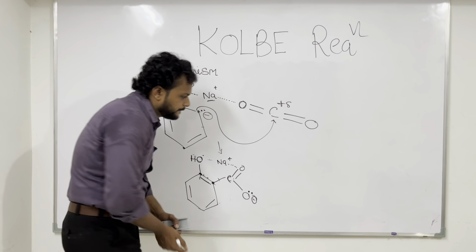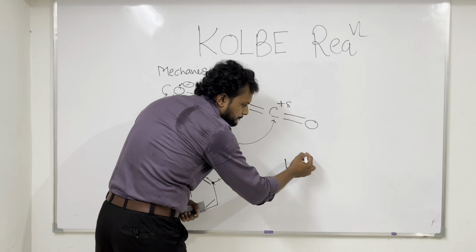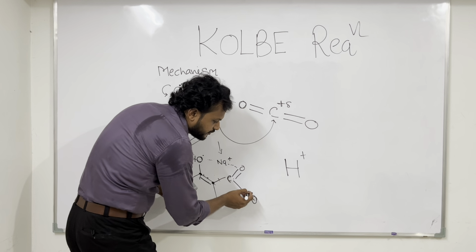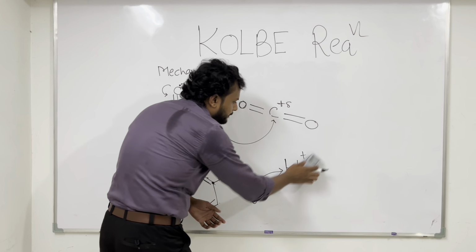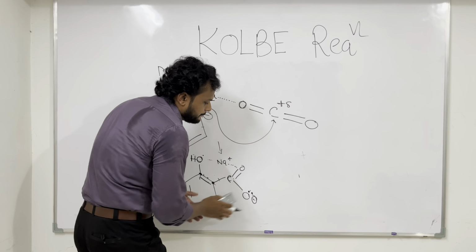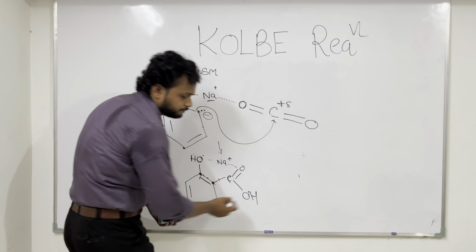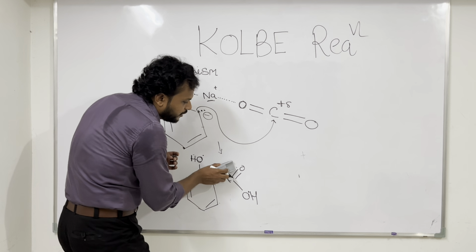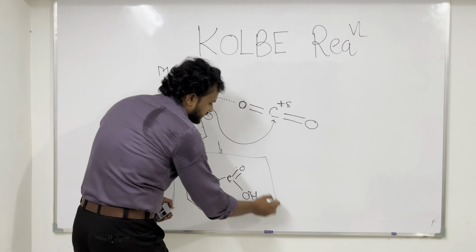And in the final step, we are going to add acid, and acid has protons, and this oxygen is going to simply abstract that proton and will form OH, and this Na will leave in the form of salt with that acid, and this is how there is a formation of salicylic acid.